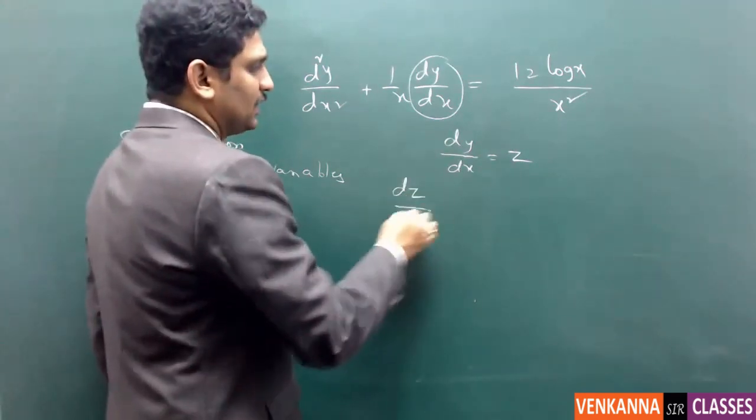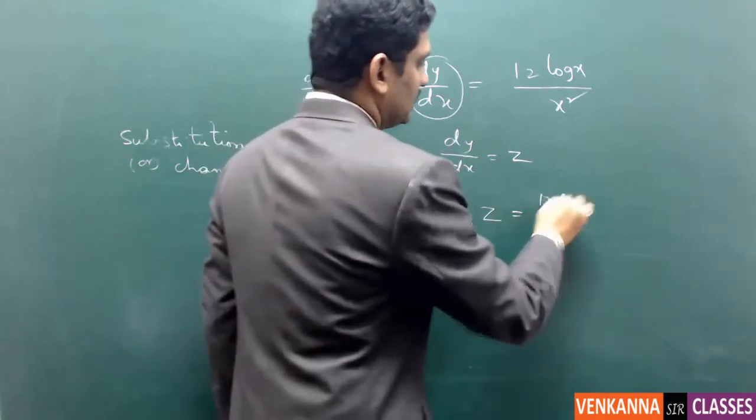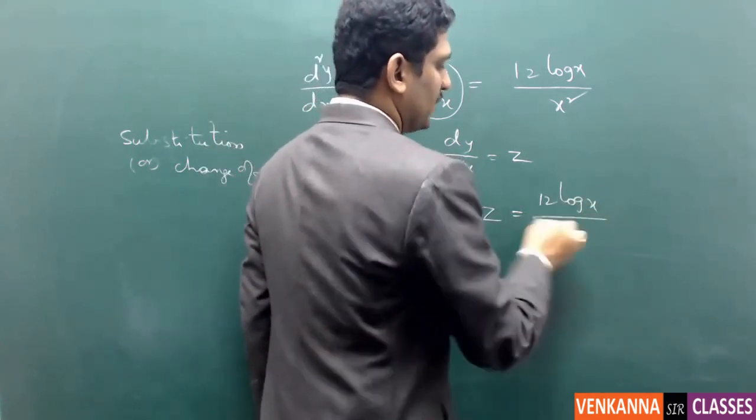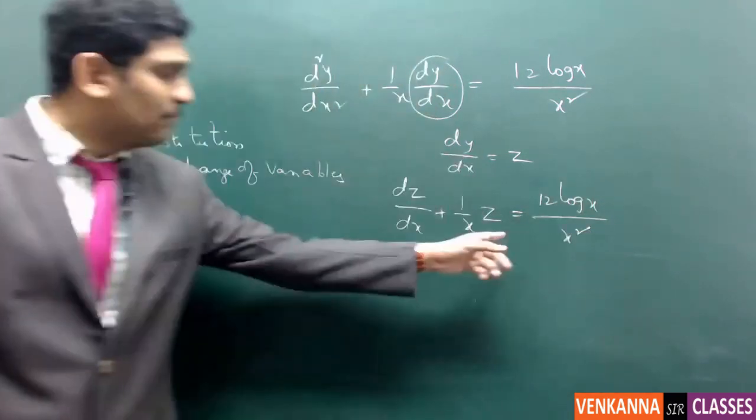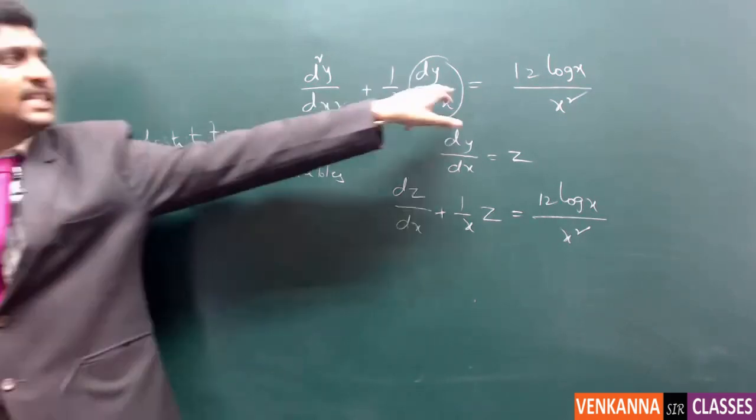So dz by dx plus 1 by x into z is equal to 12 log x by x square. It will come under the linear category. Please observe that. So this technique is applicable whenever it is a second order differential equation, and not for all, whenever usually y constant is not there.